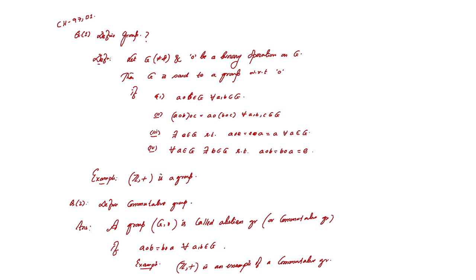Now we will come to the next important question, question number 3, and that question was asked in the year 1998. See what the question is. Let G equal the set of all matrices [[1, n],[0, 1]] such that n belongs to Z, n is an integer.